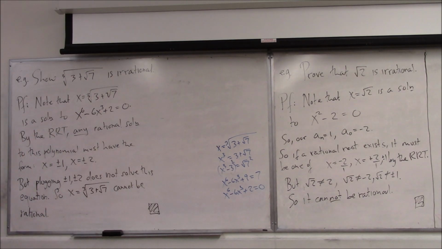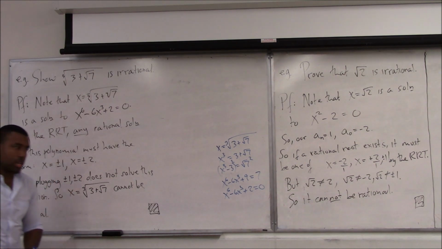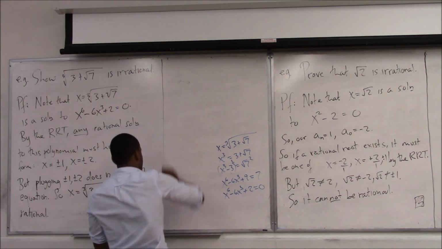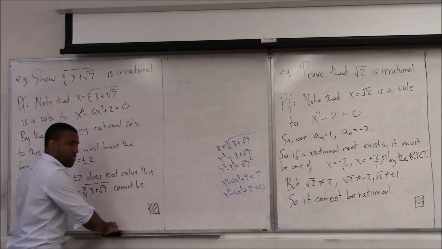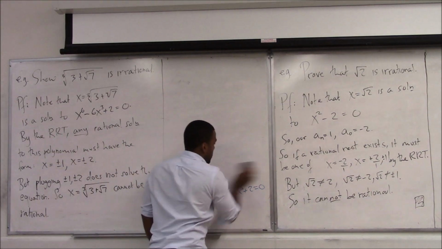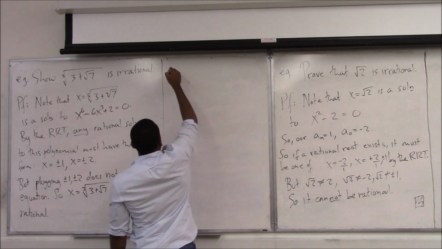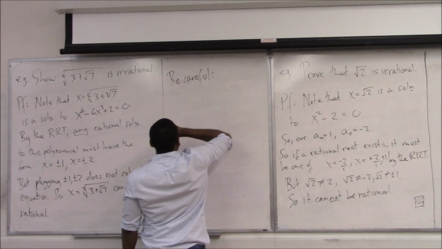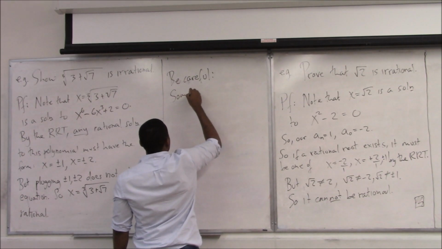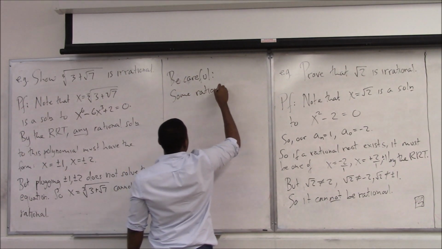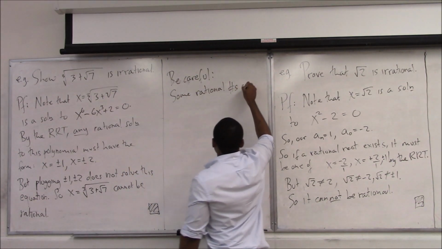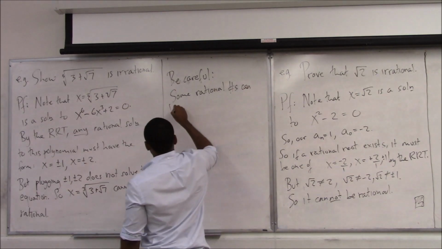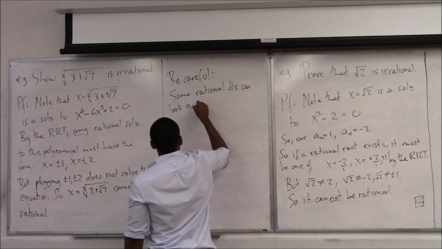And you might wonder, well, why couldn't I just do what I did there and just say this is not equal to those? The thing is, when numbers start looking complicated like that, you're never sure. So hence I want to mention here, be careful, some rational numbers can look quite strange.